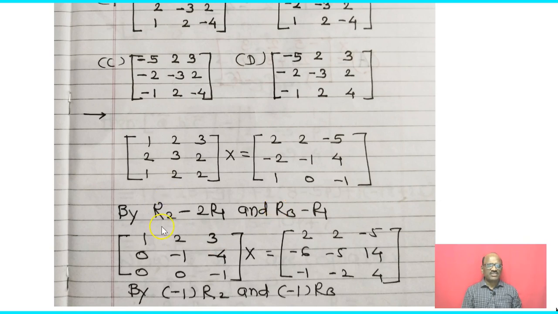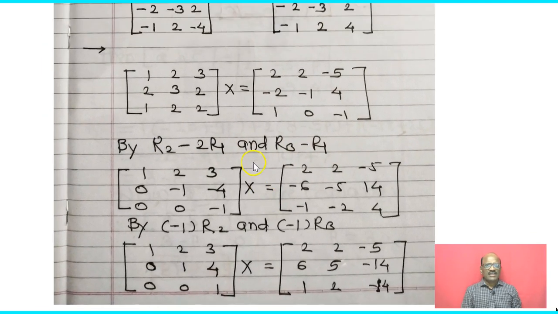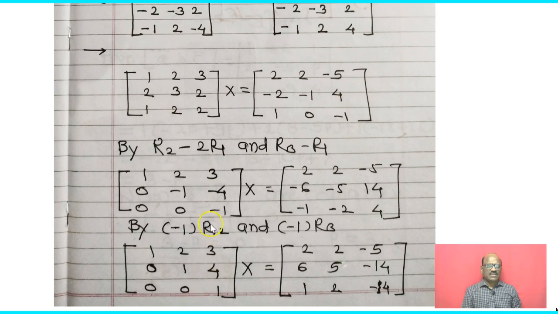The operations are like this: R2 minus 2 times R1 makes it 0, and R3 minus R1 makes it 0. Then after that, make this element, which is minus 1, a plus 1, and make this minus 1 a plus 1.